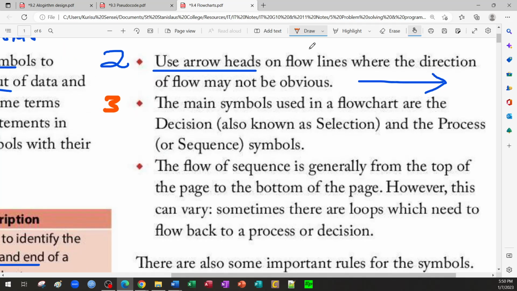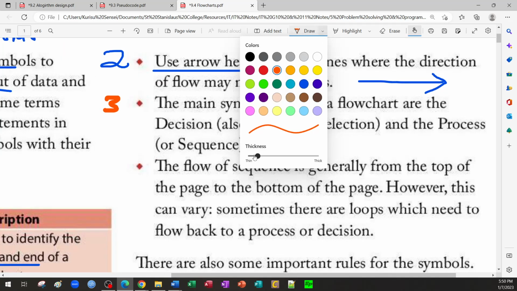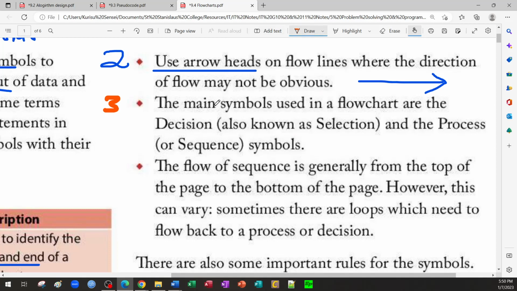Now, the third rule. The main symbols used in a flowchart are the decision symbol, which is also called selection. So notice we have another name here.